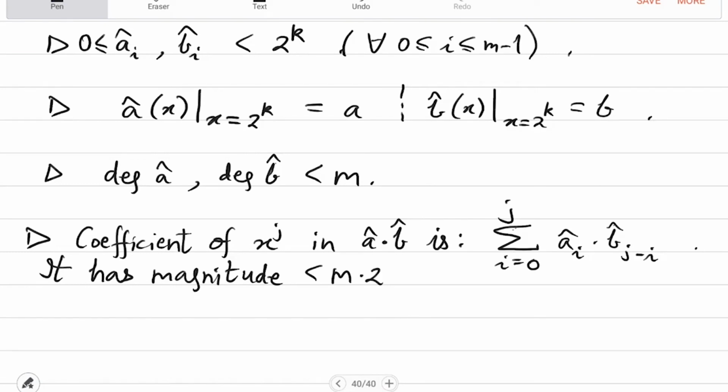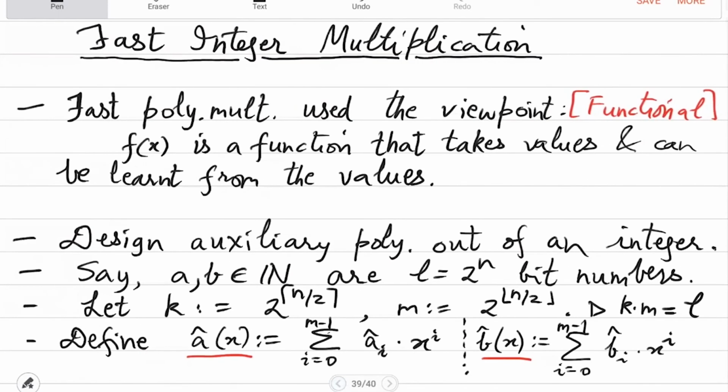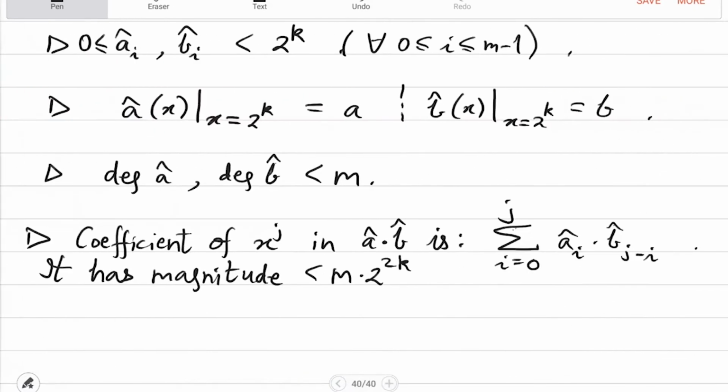So 2 raised to 2k. I want to claim that this is smaller than 2 raised to 3k.